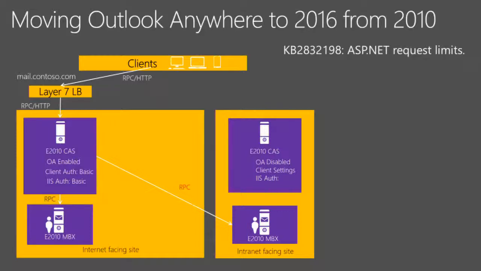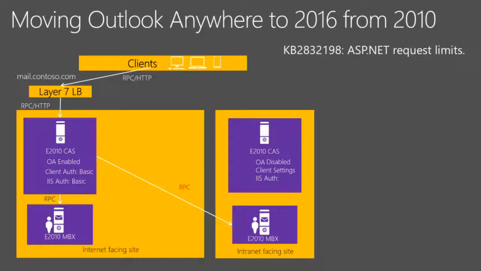So Outlook Anywhere. For those of you that are coming from 2010 alone, this will be important for you. If you're coming from 2010 and 2013, you may have already gone through this process, but it's worth repeating for those in 2010. So in the environment, you've probably got some non-internet facing sites and internet facing sites. You've got Outlook Anywhere enabled on 2010 CAS. At the moment, you may have basic authentication for both client and IIS.